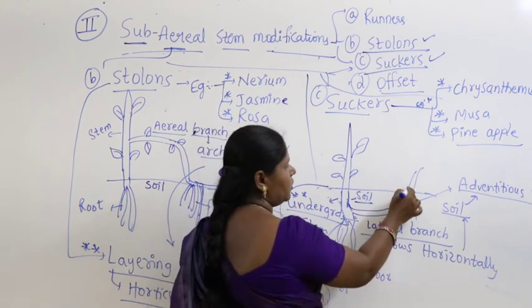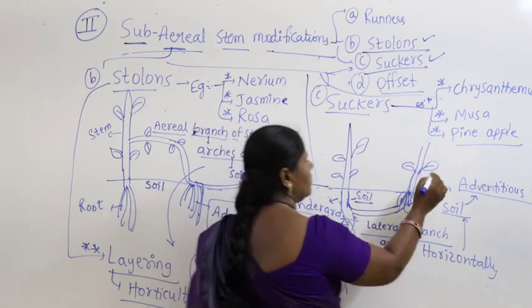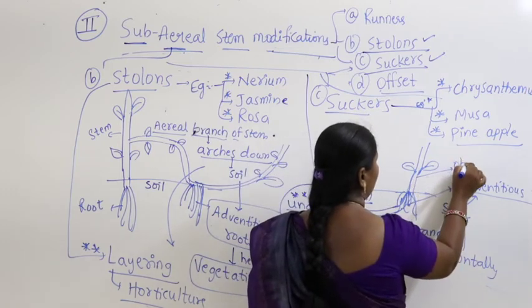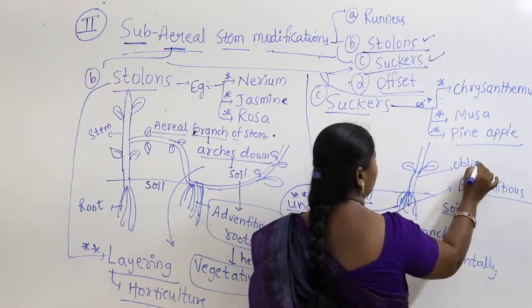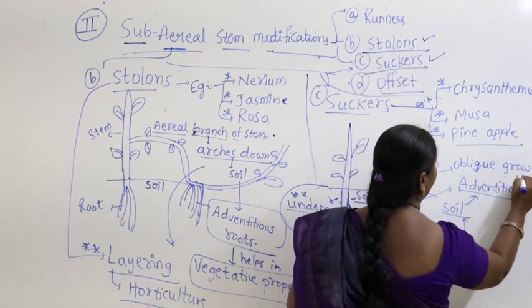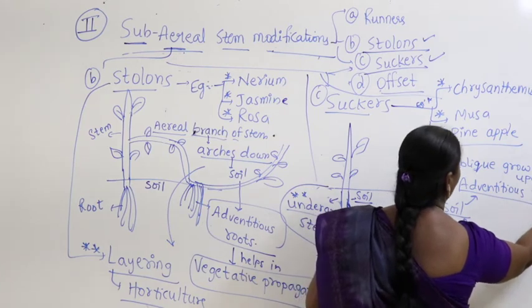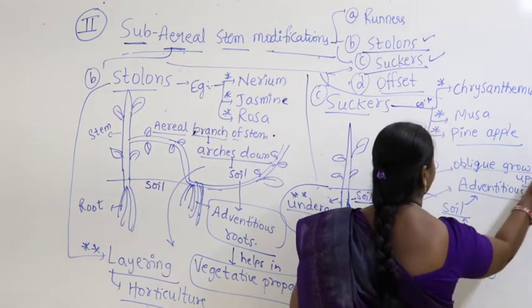Now these adventitious roots grow obliquely in upward direction.